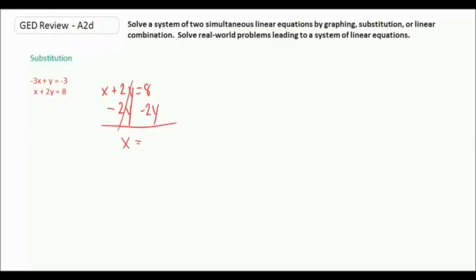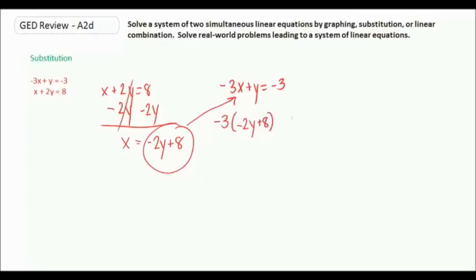And now we can't combine these because they aren't like terms. So it's just negative 2y plus 8. So now we're going to take our other equation, and we're going to take what we just got and stick it in for the x. So negative 3 times negative 2y plus 8, plus y equals negative 3.